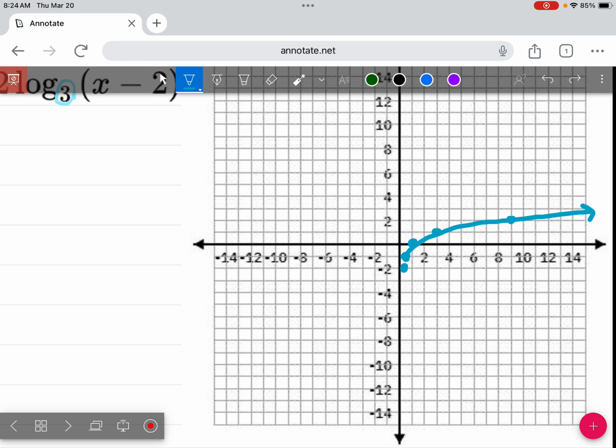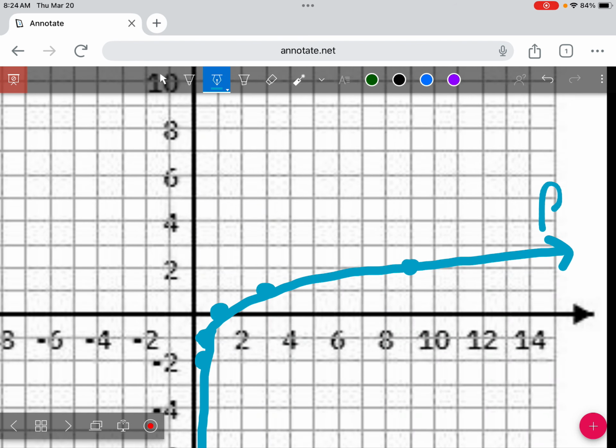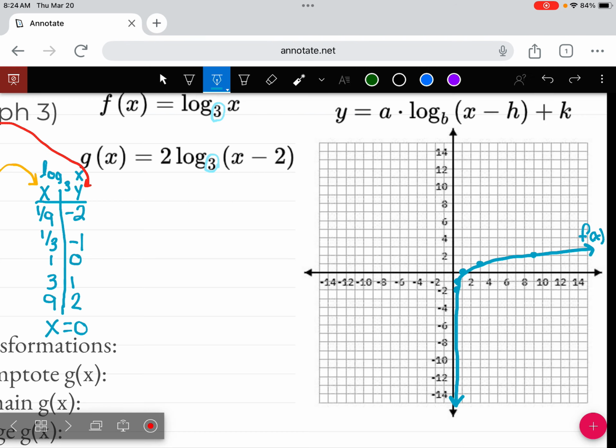This is our parent function, our f of x, which you can just label as f of x, or you can do this in light pencil versus in dark pencil. I can get you colors, whatever you want to do to make it very clear which one's your parent and which one's our transformation. I don't care how we clarify what they are, just make it clear.